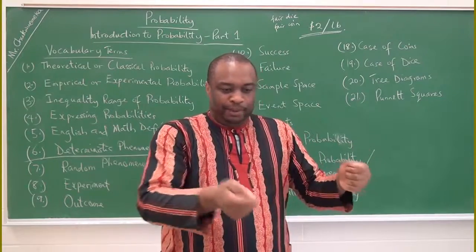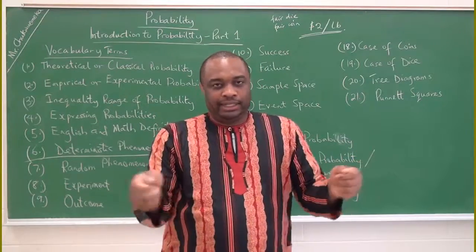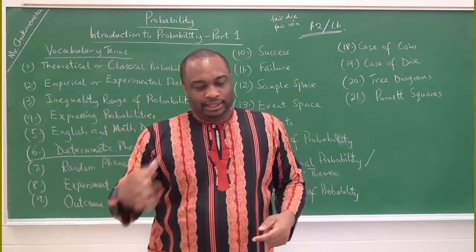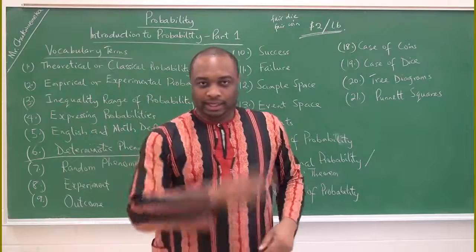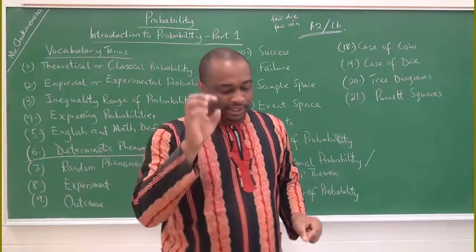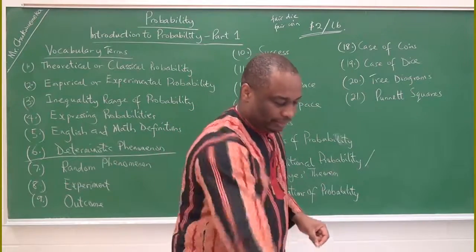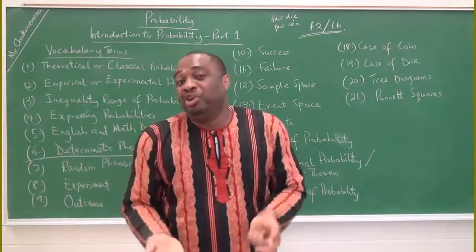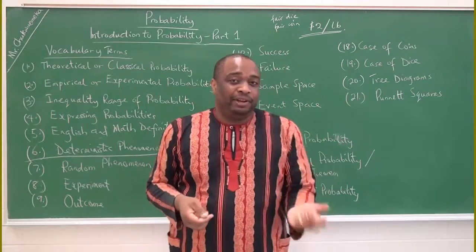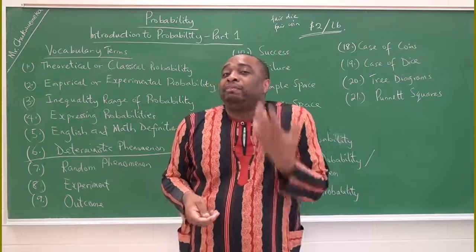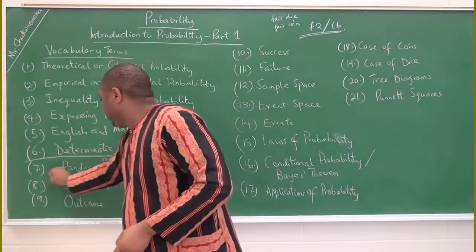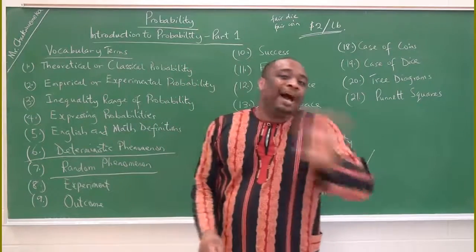They give you a paper lottery, and they call somebody, hey, close your eyes, and they shuffle all the tickets, and somebody just closes his eyes and picks one up. He doesn't know who will win it. They don't know. So in that case of a phenomenon whereby you cannot predict the outcome, we call it a random phenomenon.